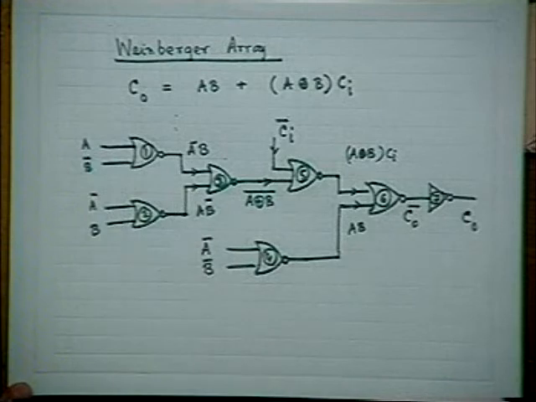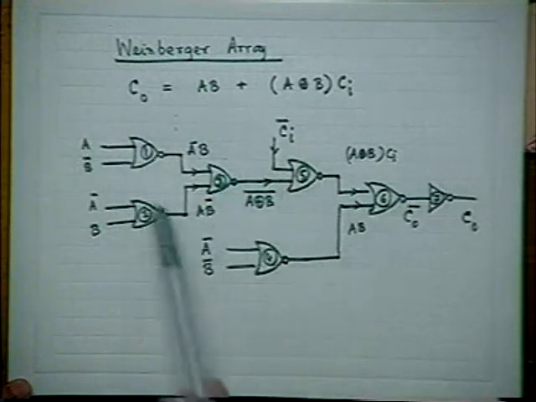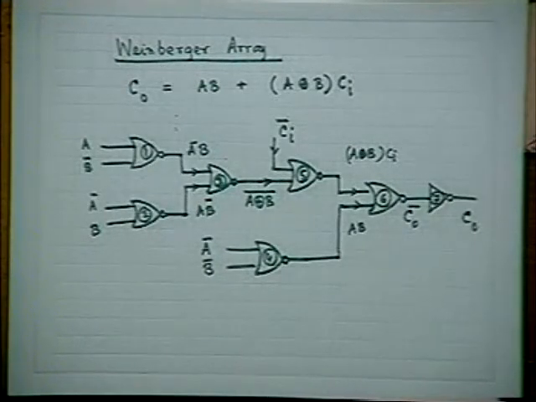All the inputs and their complements are available, and I am realizing this using 7 two-input NOR gates. All right? This is a very simple example. I am not trying to justify that this is the optimum way of realizing this. Just to explain what Vinwarger array is, I have brought in this particular example.